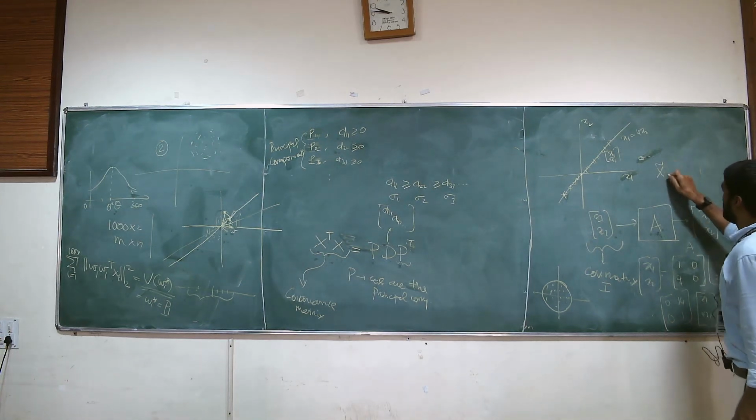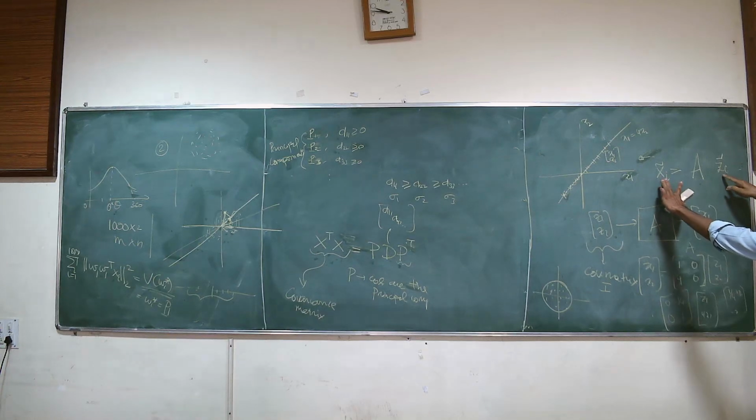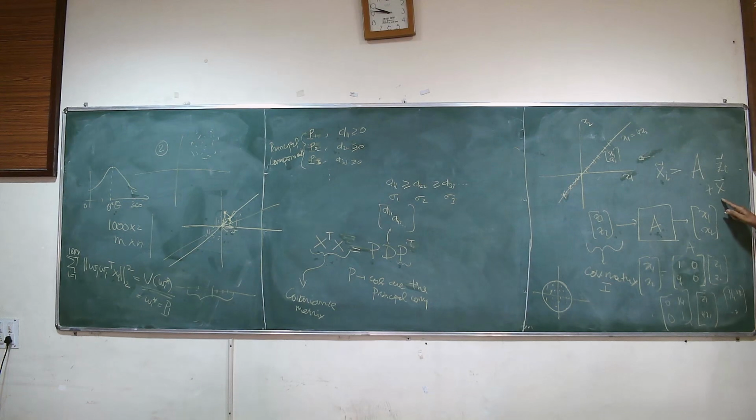For any patient xi, the measurement that you get is generated by this completely random set of numbers that pass through this matrix A. Here we obviously assume that both are 0 mean. If you simply add the mean for the population, then this is your original full data. For example, for the height weight data set, this will be a 2 cross 2 matrix, this is 2 cross 1, 2 cross 1, and this is your average height and average weight. This is now a reasonable model for your height weight data.